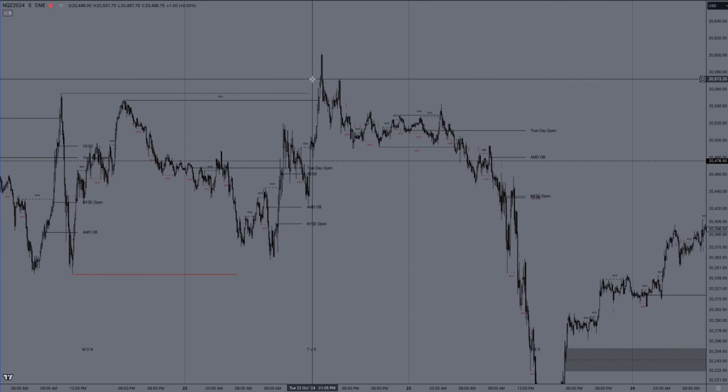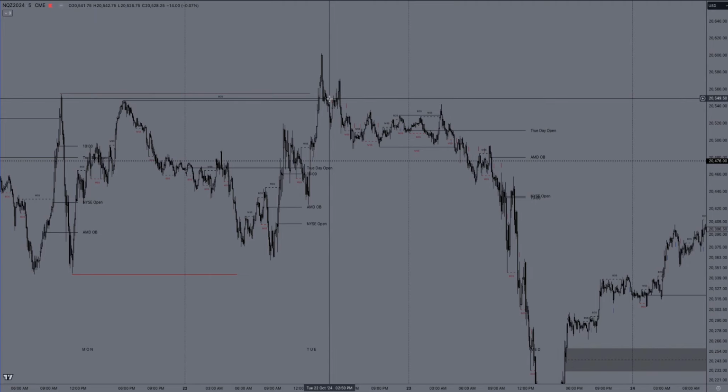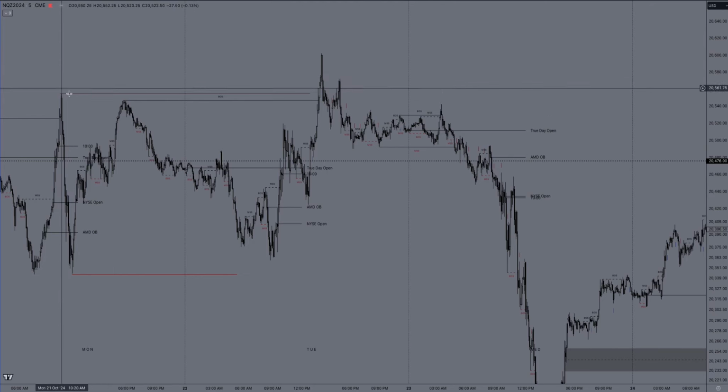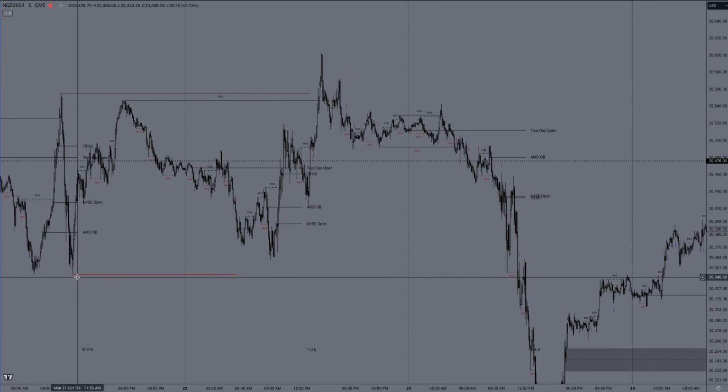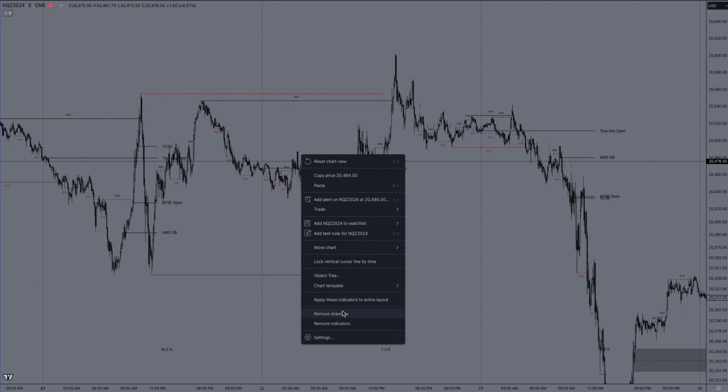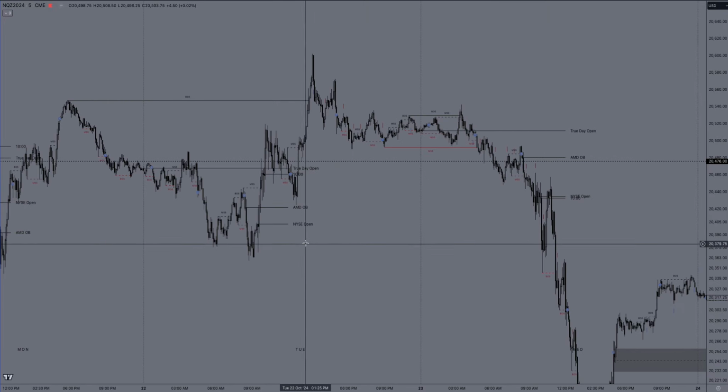As you can see, eventually throughout the day, we don't know this is going to happen, but we do know that potentially price will want to come back and get these relative equal lows here and these relative equal lows there. So we'll delete that. I'm going to keep that in mind.